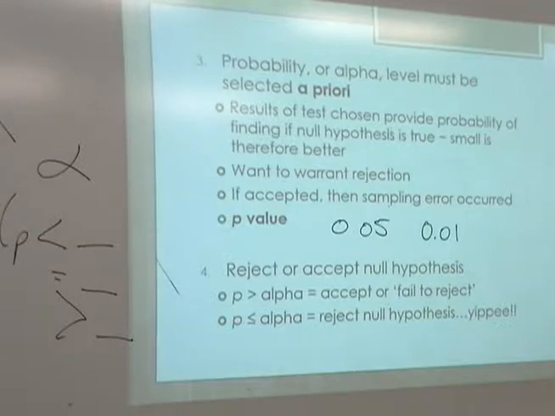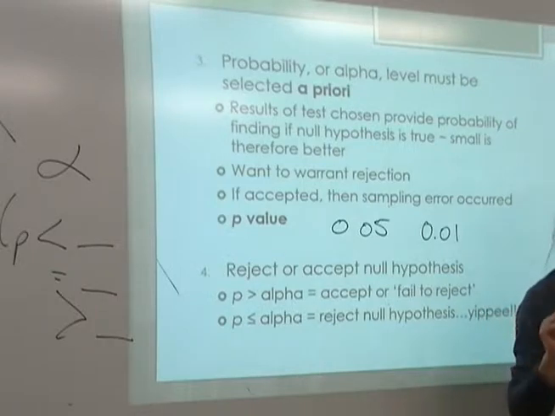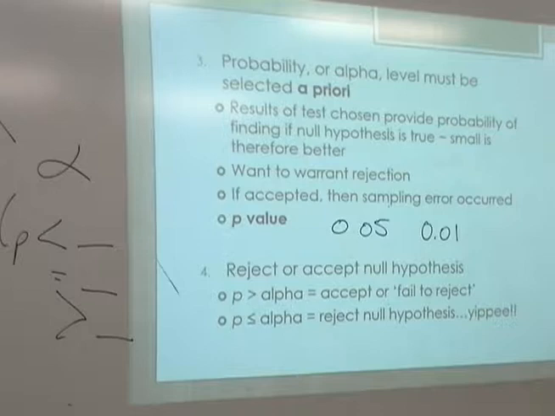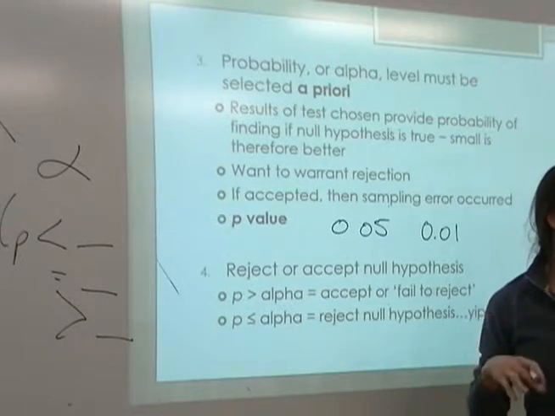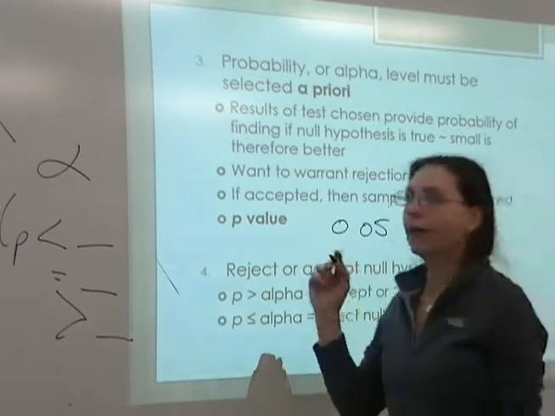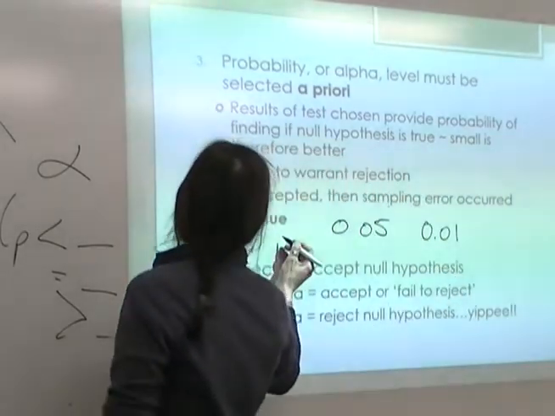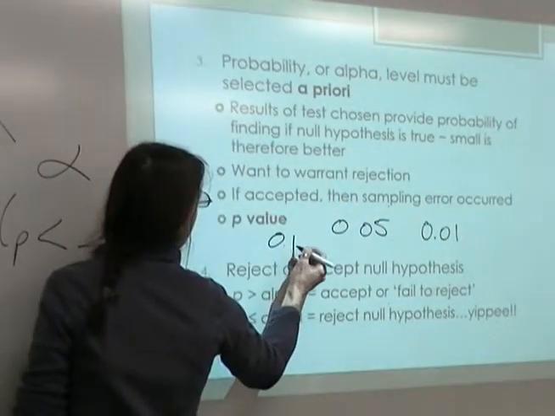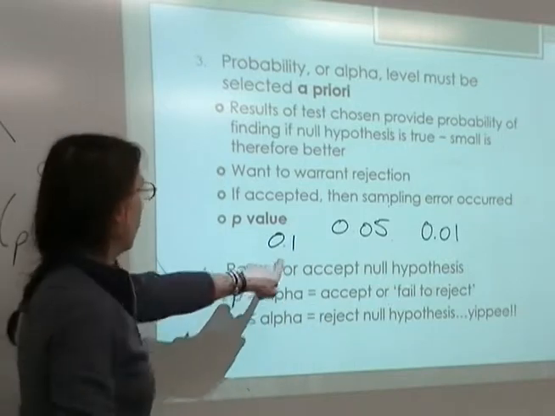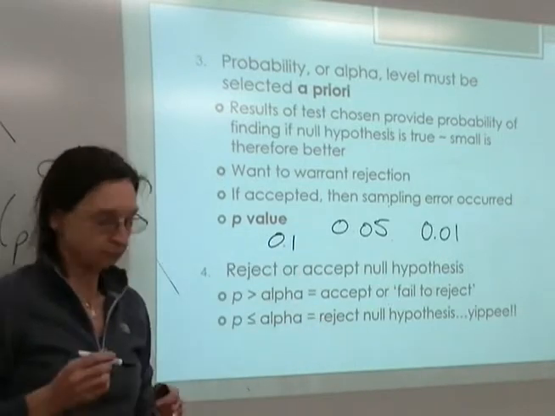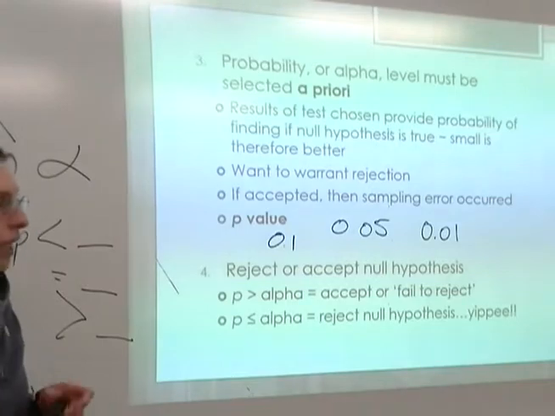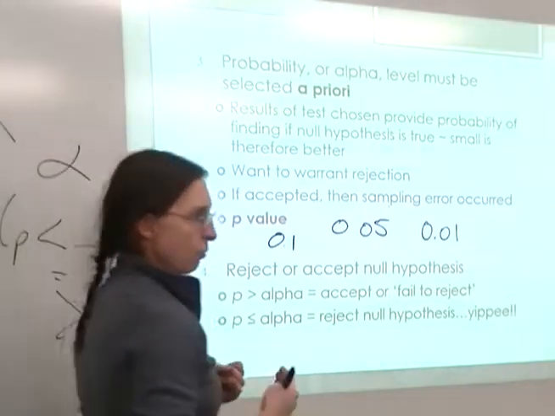Okay. Sometimes, hopefully not in PE or kinesiology literature, although I have seen it occasionally, and I generally just throw the article away, occasionally people will set alpha at 0.1, particularly in sociology type questions.